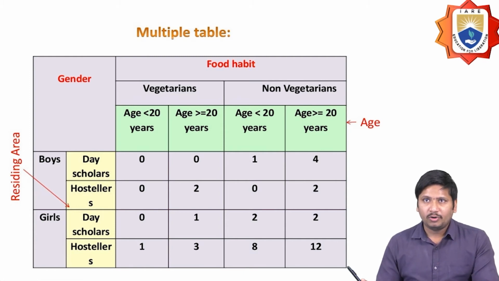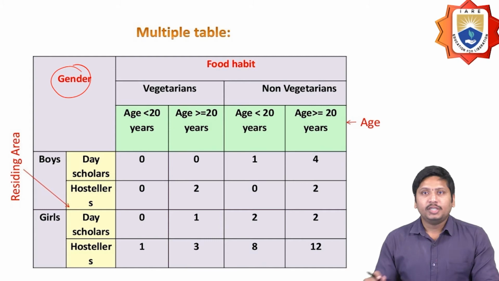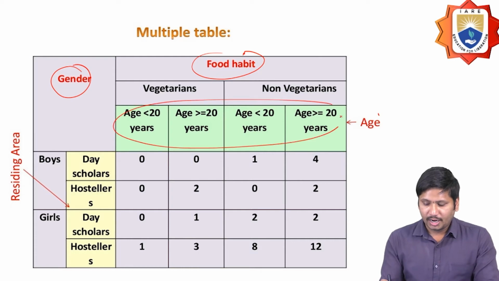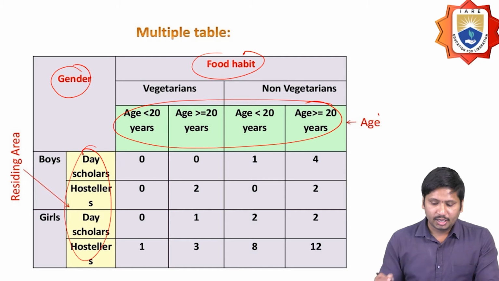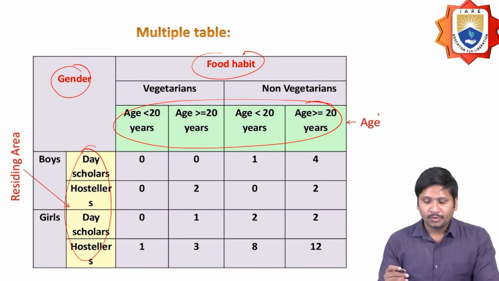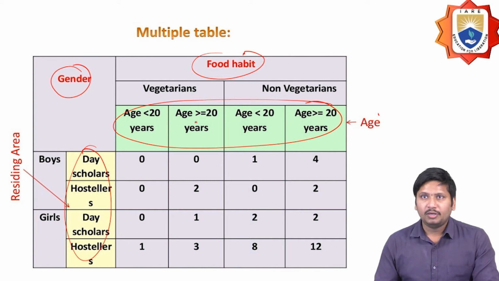Gender is one characteristic, food habit is another, age is another, and then the residing area is another characteristic. If I want to show it like this, then I have to go for the multiple table.